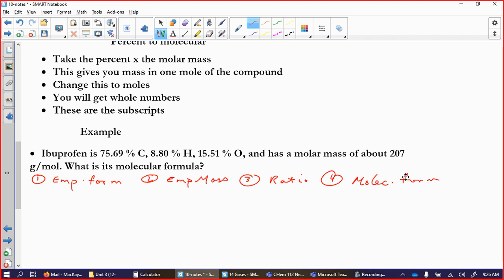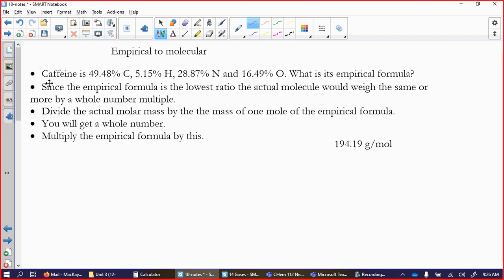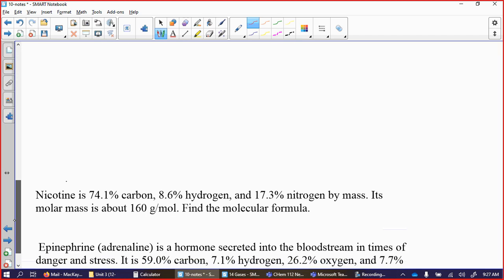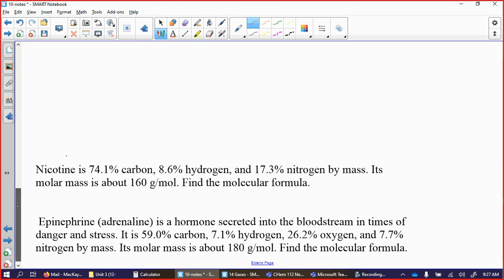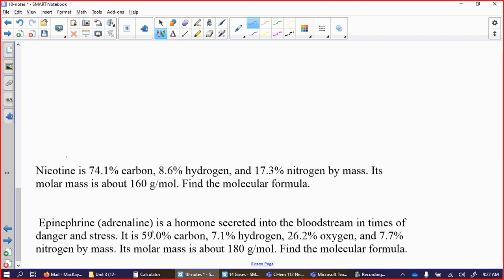And I'll put an answer up for that one. And caffeine, and there's the actual mass. And there's a couple other ones, nicotine and epinephrine or adrenaline. That has a molar mass of 180. It's not CH2O because it's carbon, hydrogen, oxygen, and nitrogen.